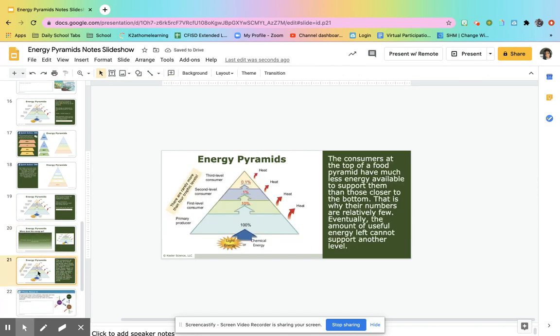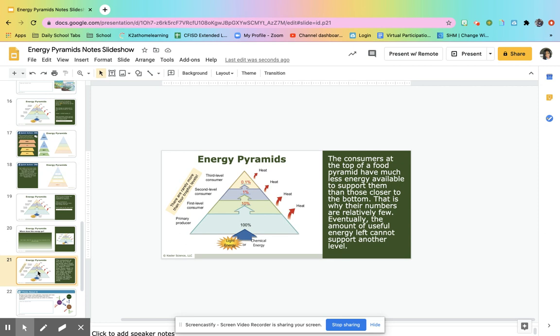All right, so now let's talk about the energy pyramid and further. The consumers at the top of the food pyramid have much less energy available to support them than those closer to the bottom. That is why their numbers are relatively few. Because they end up not having anything to eat, some top predators or apex predators may end up dying because one, they're not getting as much energy, and two, they need to eat multiple things to get that energy.